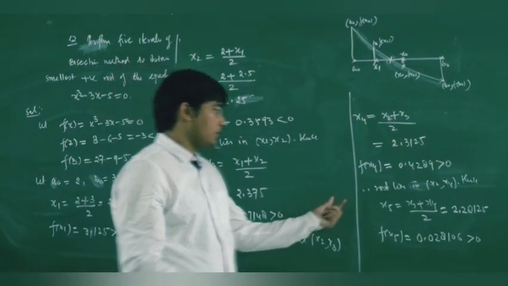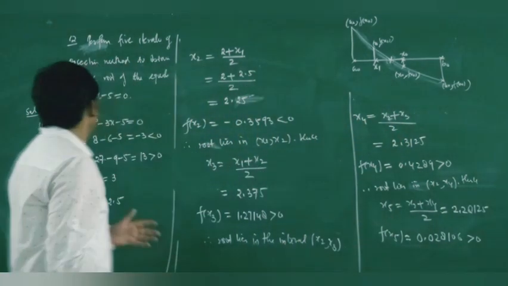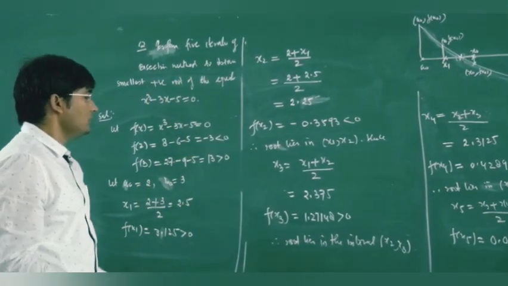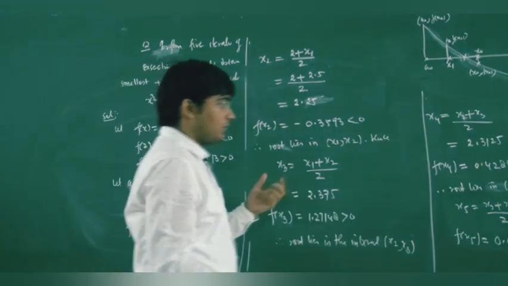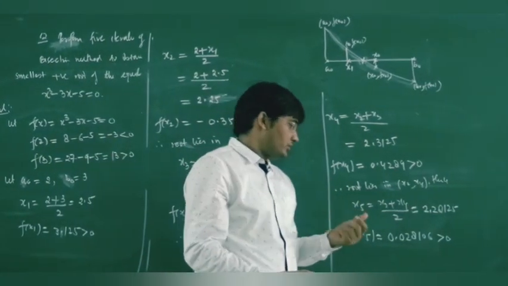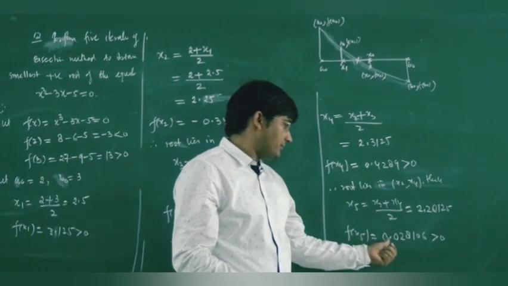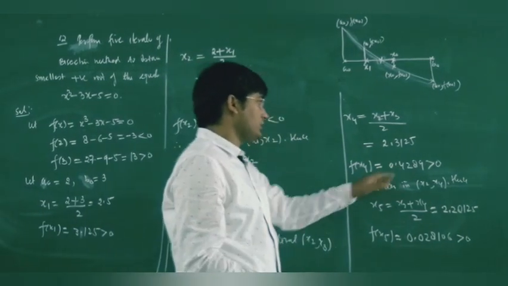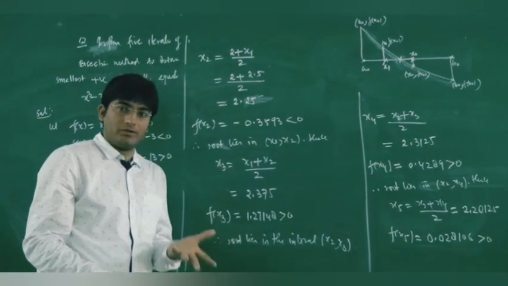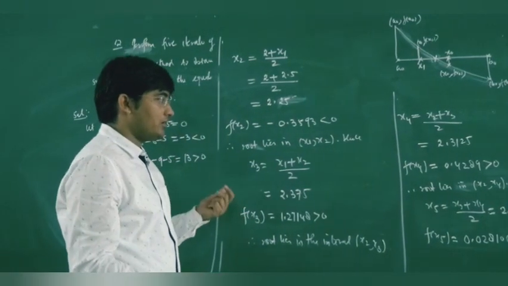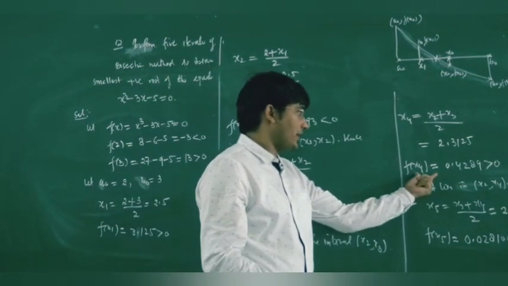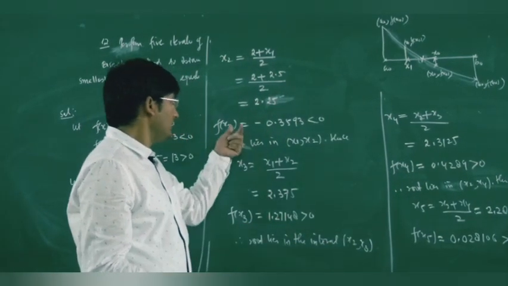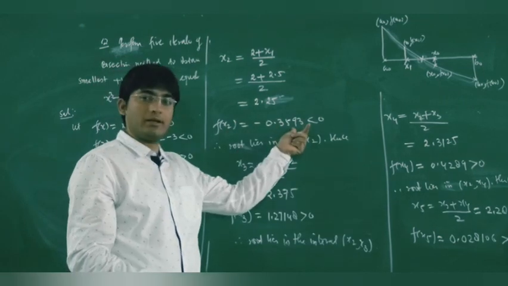So we have performed 5 iterations of the bisection method. So now what about the root? What is your exact root? Here we can see that our x5 is positive and x4 is positive. In x4 we have the value of the function positive, in x3 we have the value of the function positive, in x2 we have the value of the function as negative.